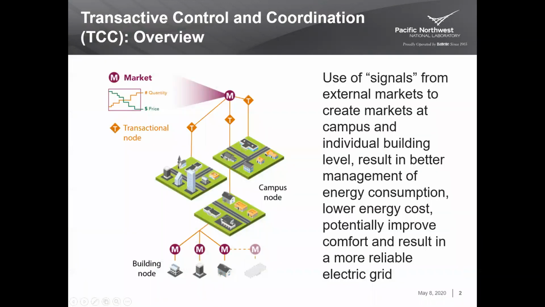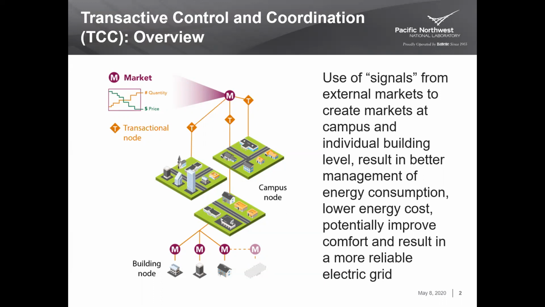So the Transactive Control and Coordination application basically uses signals from external markets, and this can be price signals or other driving signals that make the applications modify the controls to manage the energy consumption of the devices to some desired level based on those signals and their flexibility.